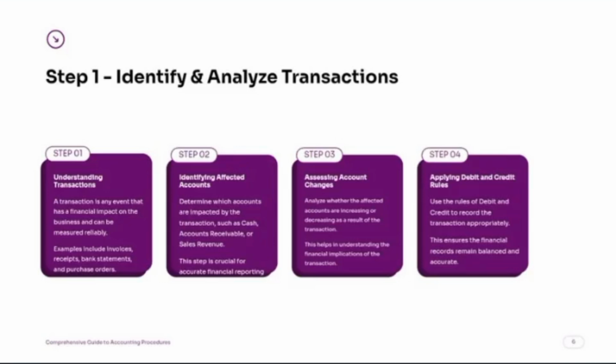Which accounts are affected? Is it cash, sales, or expenses? Only if the answer is yes, we move forward and record in the journal. So, this step is just like choosing the ingredients before we cook. We must pick only the right, useful ones.